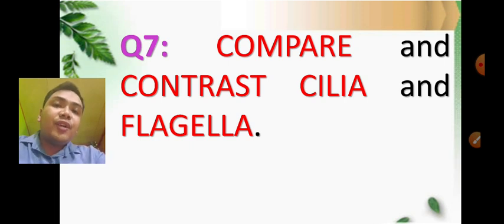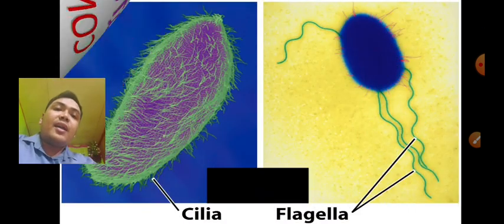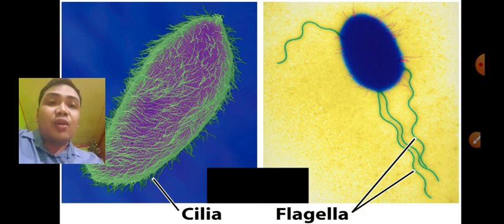So in order to further discuss flagella, let's try to have the question in our presentation. That is, compare and contrast cilia and flagella. So let's try to identify first the differences by using the following illustration. So as you notice on the left side, we have the cilia in which they are green in color.